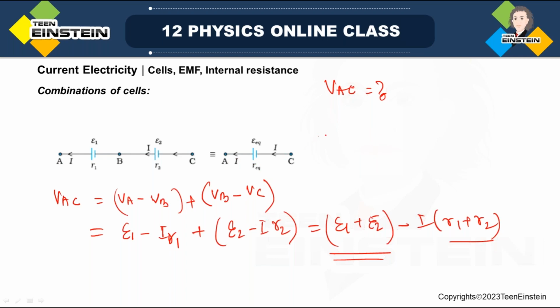See, for this we can write VAC, VA minus VC, that is here actually epsilon minus I R equivalent. Okay, so this is actually the equivalent.